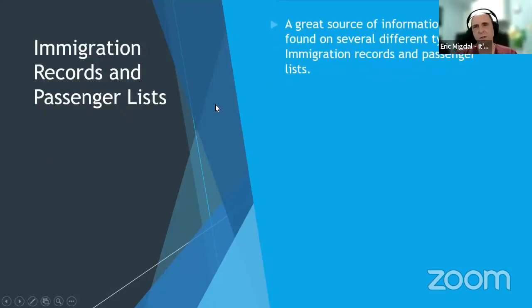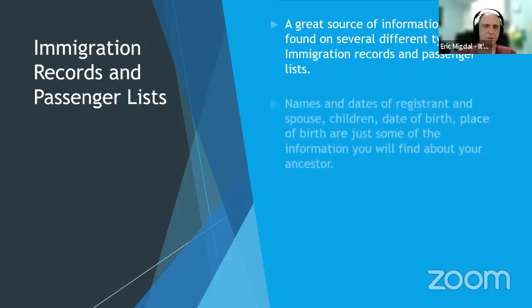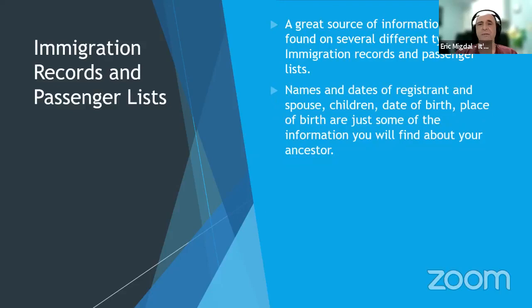A great source of information can be found on several different types of immigration records and passenger lists. Names and dates of the registrant and the spouse and children if they sailed with them, place of birth, date of birth are just some of the information that you will find about your ancestor.